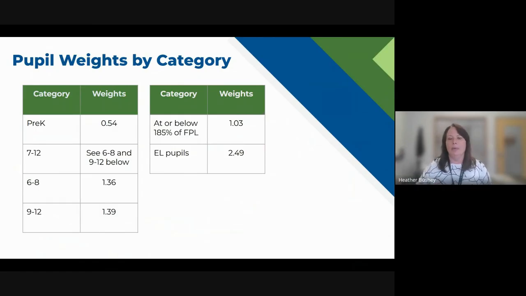One thing I want to point out is most of these are additive weights. The pre-K weight is actually a reduction. So if you are one pre-K student, you actually only get counted as 0.54. The reason for that is our pre-Ks aren't a full day program, and so those students get discounted when we look at our counts.